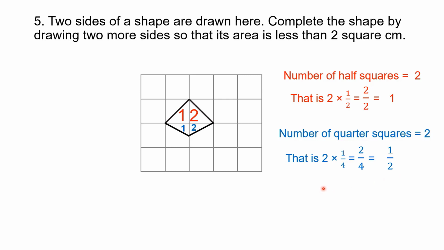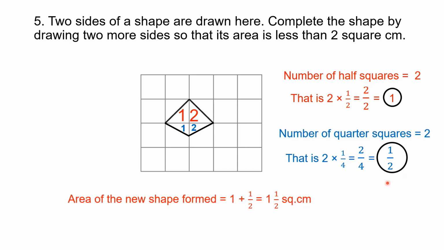Let us find out the area of the shape. To find out the area, we have to add 1 and this half. Area of the new shape formed equals 1 plus 1 by 2.